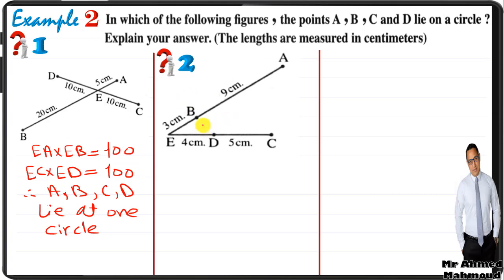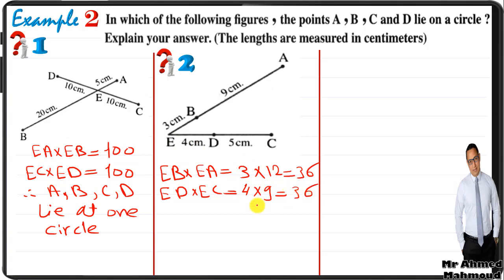Number 2. Now we have A, B, D, and C. I need to know whether there is a circle that passes through A, B, D, and C. So I will calculate EB times EA, which is 3 plus 9, 12, equals 36, and ED times EC equals 4 times 9 equals 36.